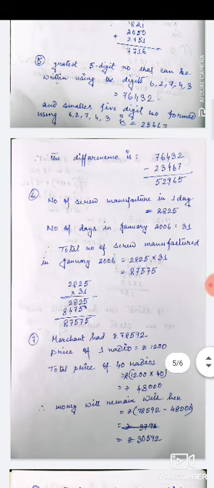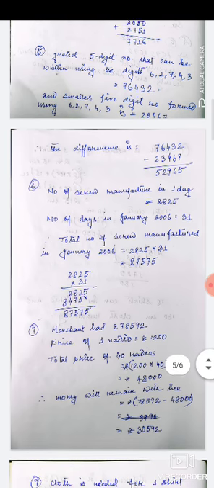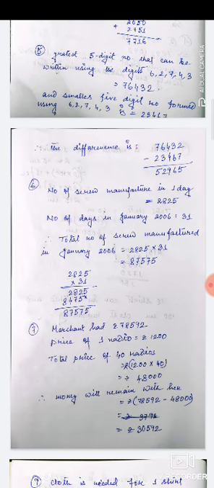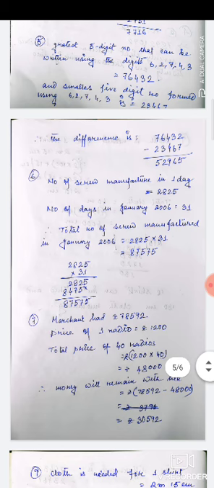Okay. Next, number 6. A machine on an average manufactured 2825 screws a day. How many screws did it produce in the month of January? Look, the number of screws produced in one day is given. They ask how many screws are produced in the month of January.